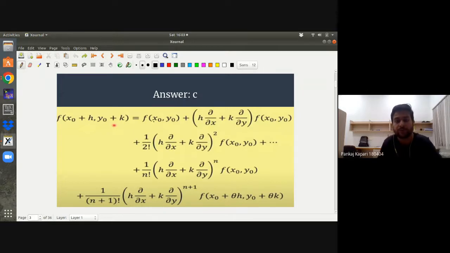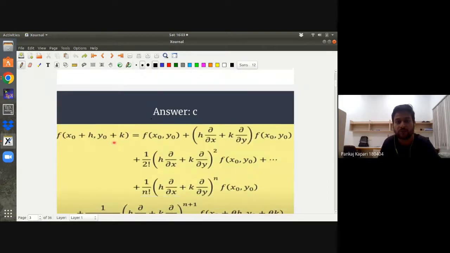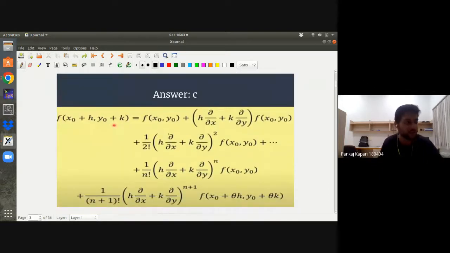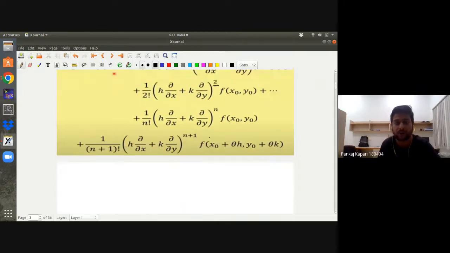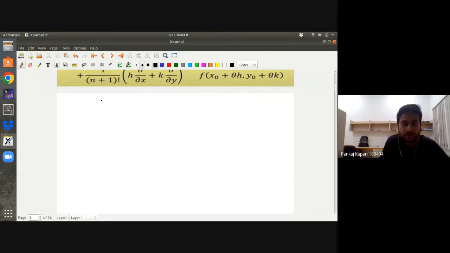Okay, so we will use this expansion, and because we have to find a quadratic approximation, we will take the terms up to order 2, and the rest of them we will ignore. For us, the function f(x, y) is sin x into sin y, and we have to find its approximation around the origin.